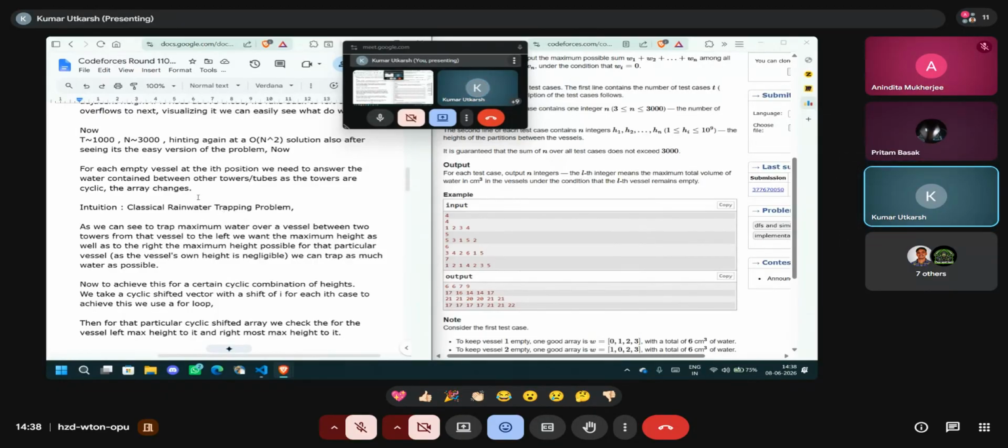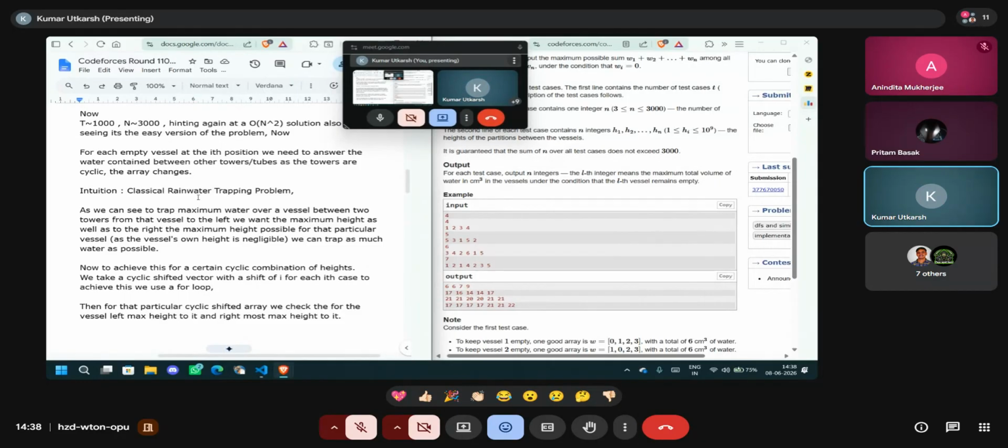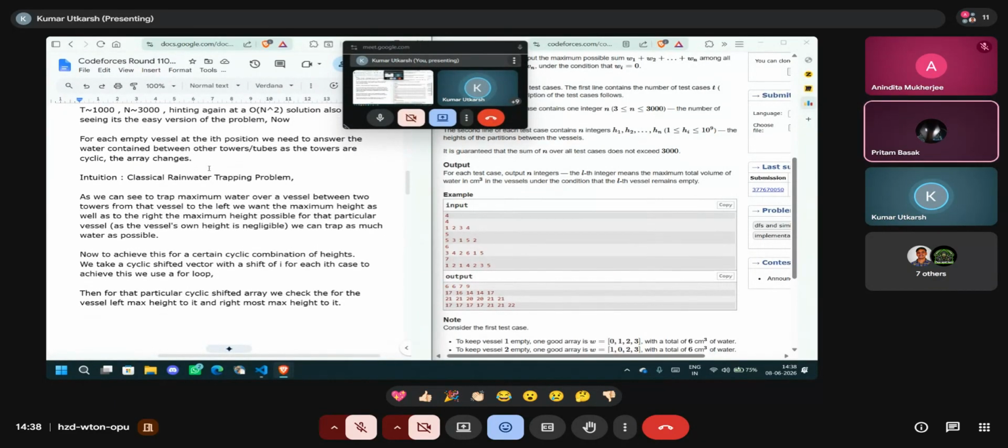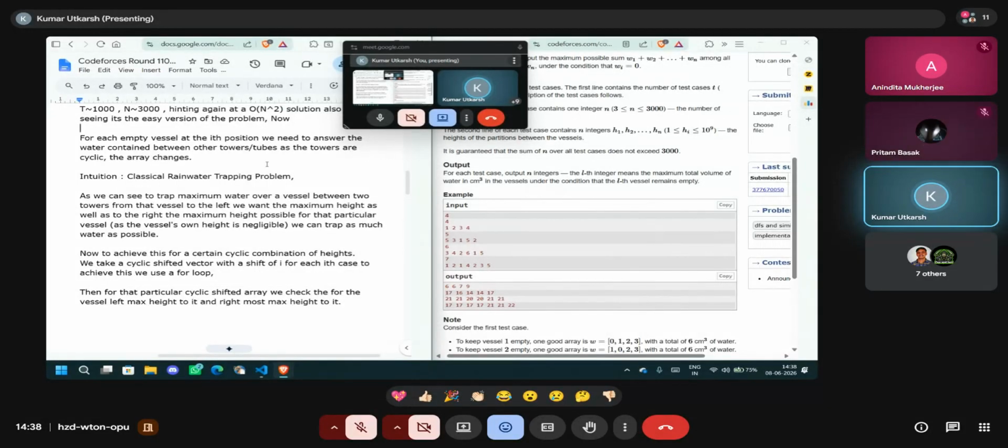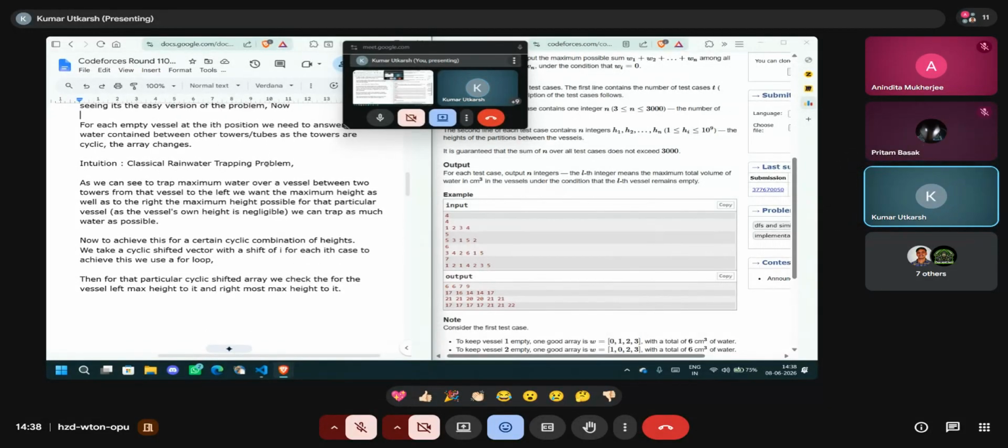Yes. So it's just the classical rainwater problem, a little bit modified, where we have zero height columns in between two towers. Isn't it the same? Yeah. And what about you, Alisha? Did you understand the question now? Yes.